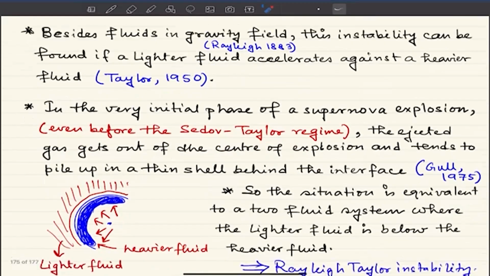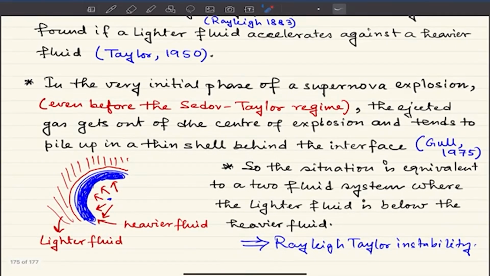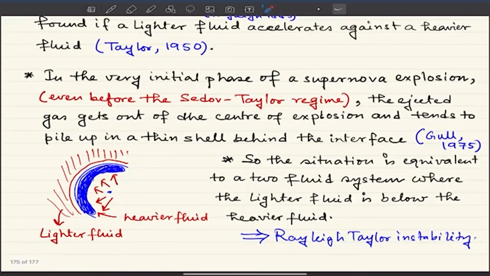If the acceleration is acting in this direction, then with respect to this acceleration direction it is exactly equivalent to saying that the heavier fluid is above and the lighter fluid is below. So we can of course expect a Rayleigh-Taylor type of instability, and actually they can see that.